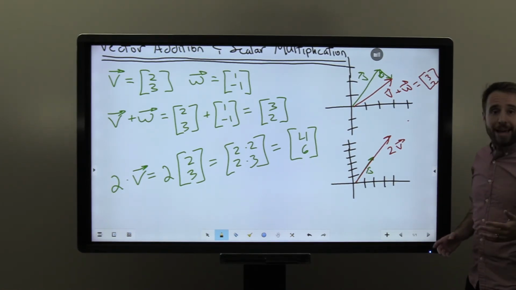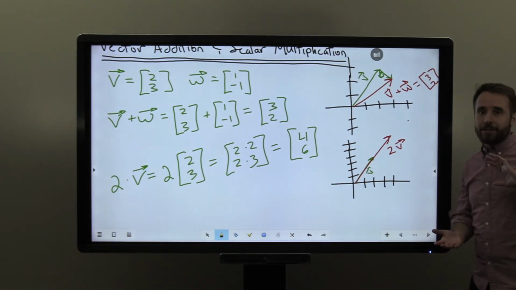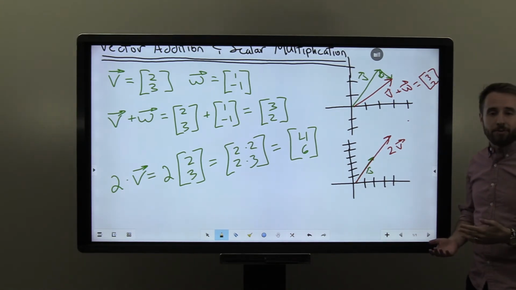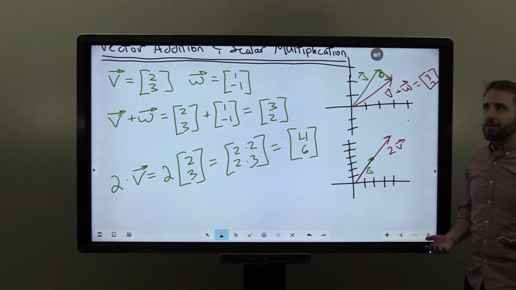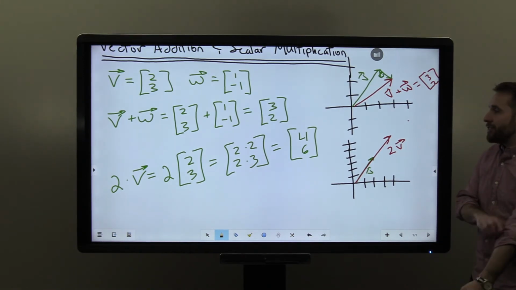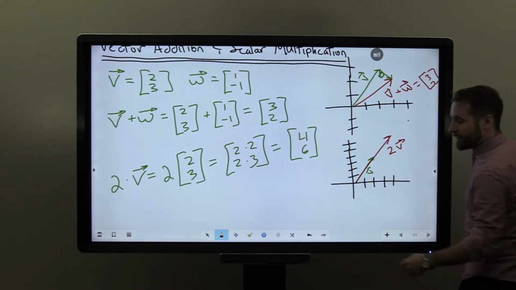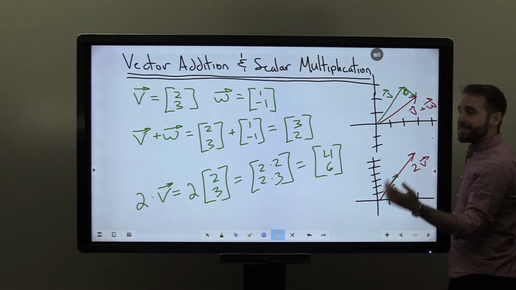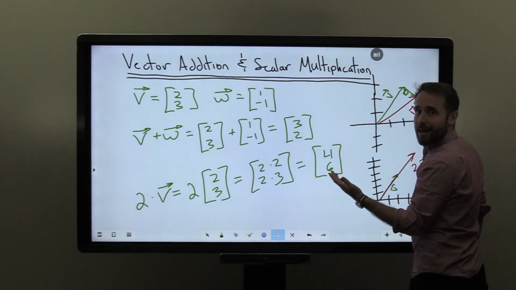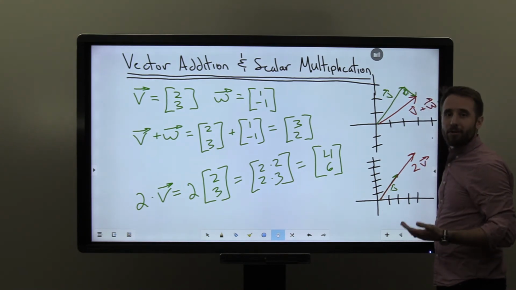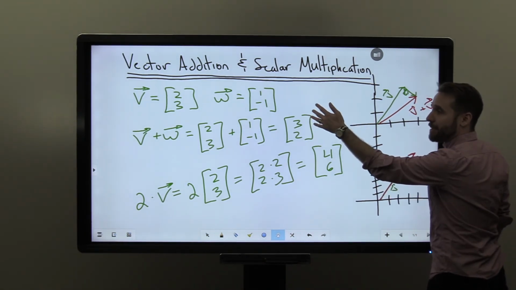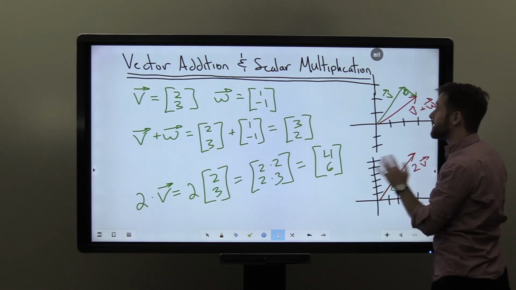So what we have here are basic objects, vectors, as well as basic operations, scalar multiplication and vector addition. And we can see that there's really two lenses through which we can view this. We can see a more algebraic, number-crunchy way in which we literally add and scalar multiply component-wise.